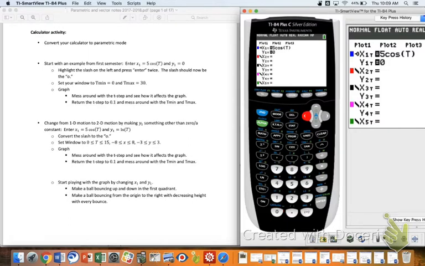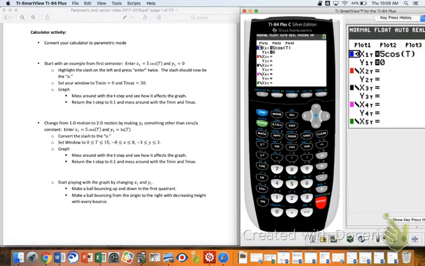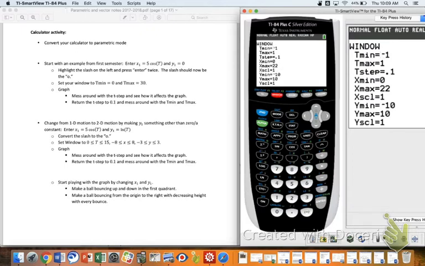Then go to your window and set your Tmin and Tmax there. So Tmin 0, Tmax 30. And hit graph.